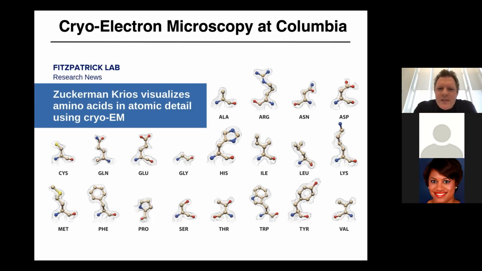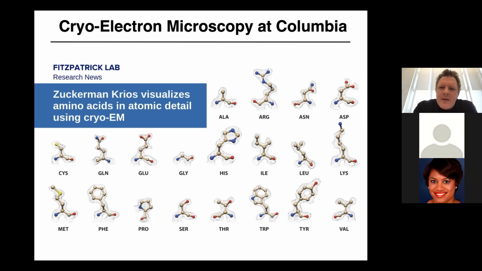And I think this is really exemplified by what we have been able to do just as a sort of test case with a standard protein on one of the cryo-electron microscopes here at Columbia. So what you're seeing in this first slide is just every single amino acid that we have been able to resolve almost to atomic detail on one of these cryo-electron microscopes.